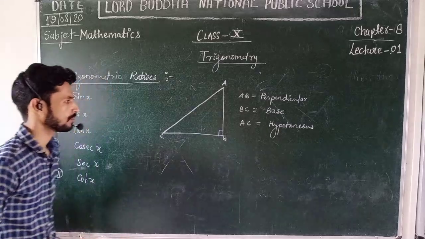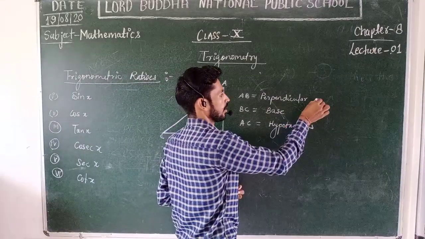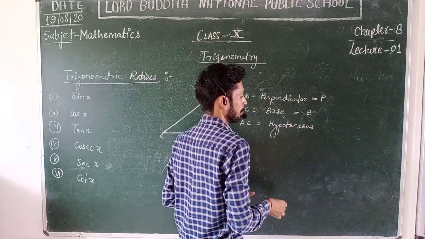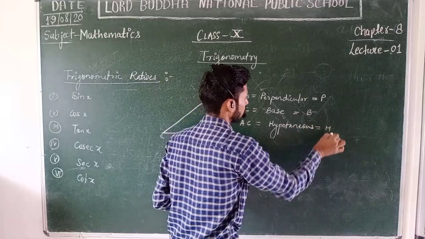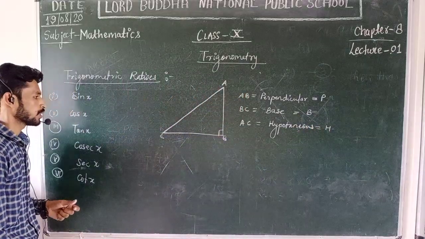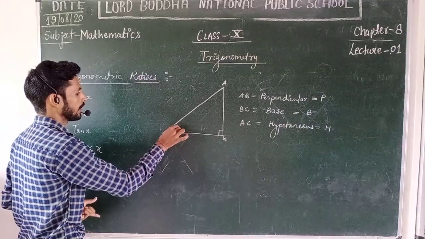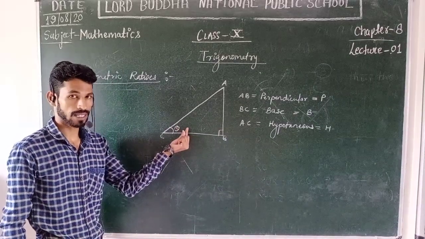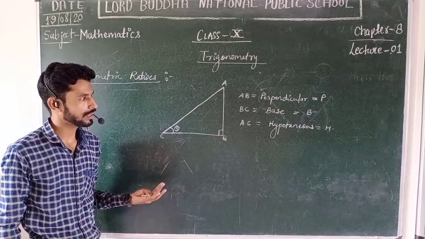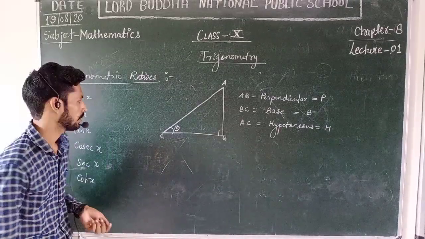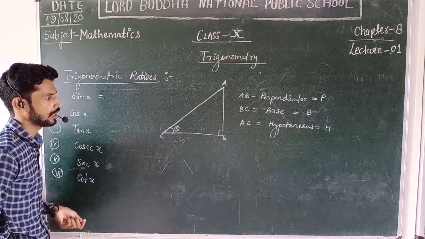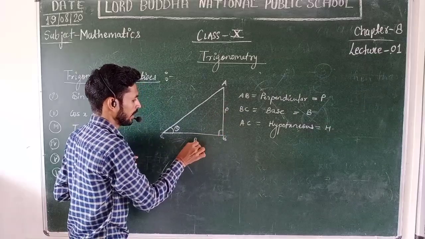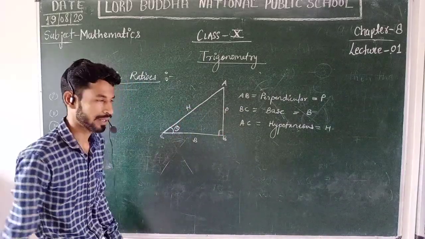of this triangle. So perpendicular will be represented by a single letter P, base will be denoted as B and hypotenuse as H. If I am taking here an angle theta, then to calculate the value of this angle theta there should be some trigonometric ratios like sin x. This is the perpendicular, this is the base and the last side is the hypotenuse.